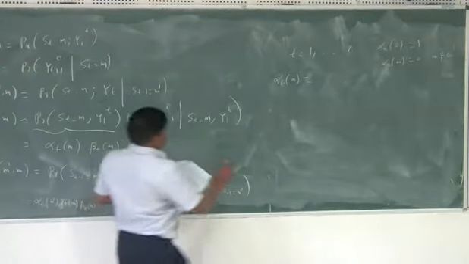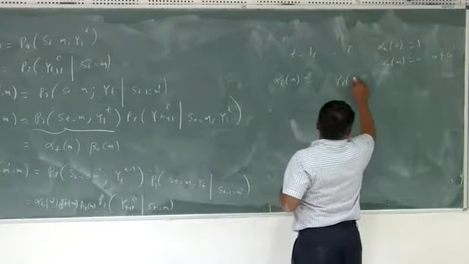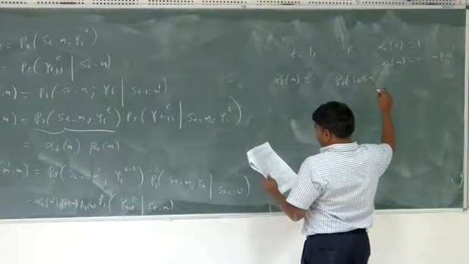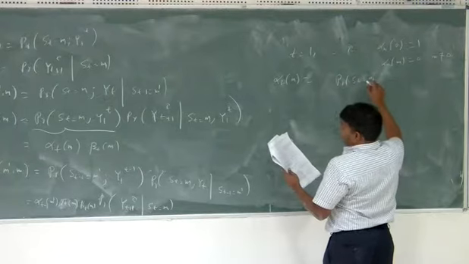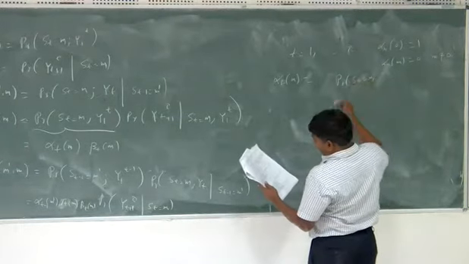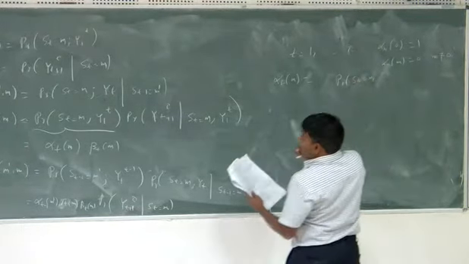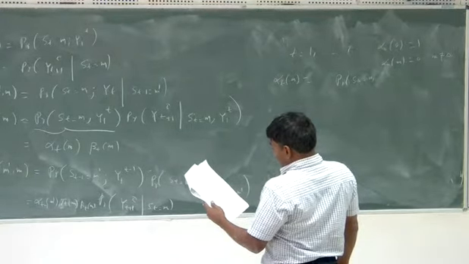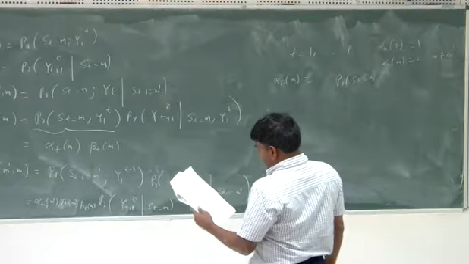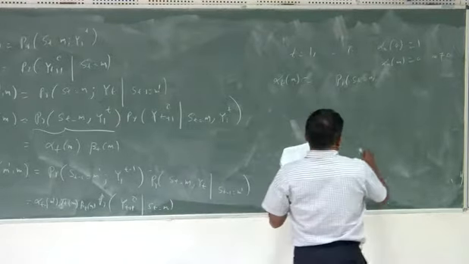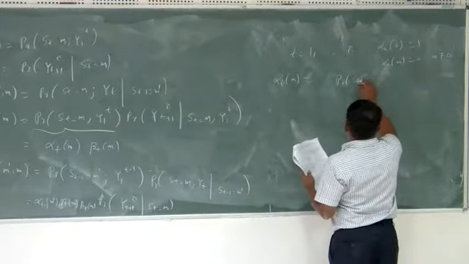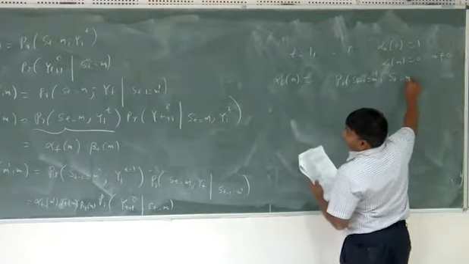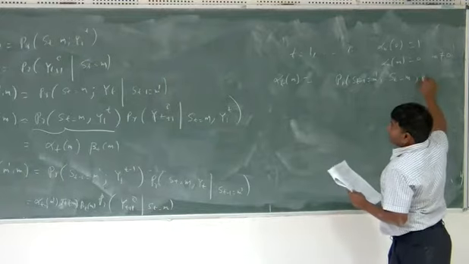probability of st equal to m, y1 to t. Write it as the summation over m prime, that is 0 to M, of the probability of st minus 1 equal to m prime, st equal to m, y1 to t.